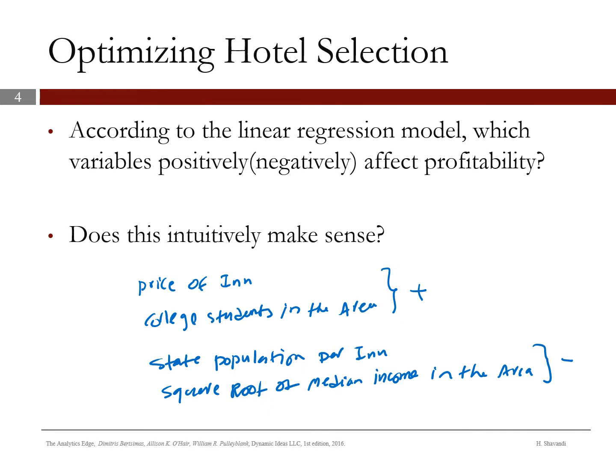Maybe the only thing that doesn't make sense here is having a negative relationship between the state population per inn and the hotel, but maybe it also makes sense, because if we have a highly populated area, that means maybe there is no need for more hotels. And also the square root of the median income in the area, if it's high, it means that the people living in that area are more wealthy.